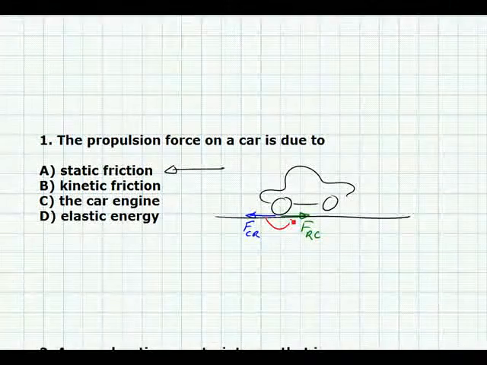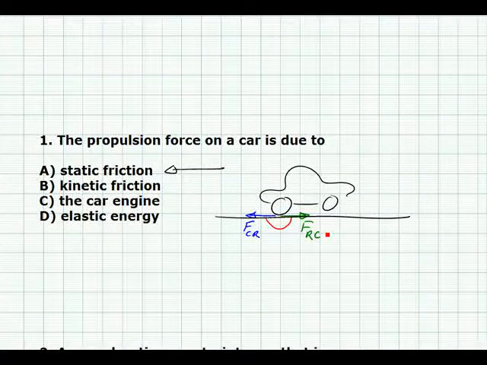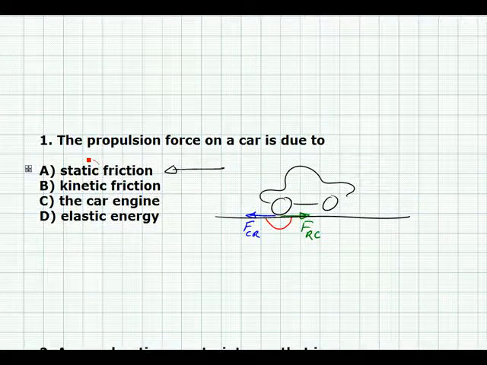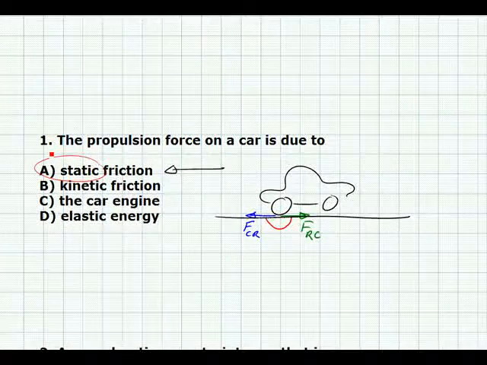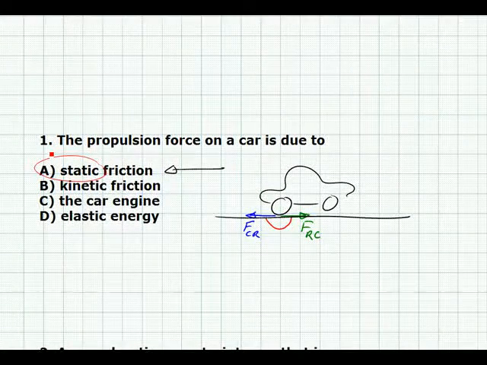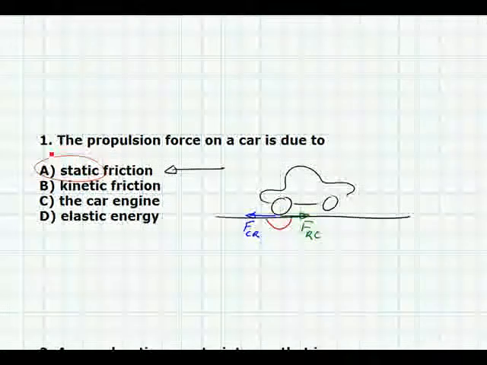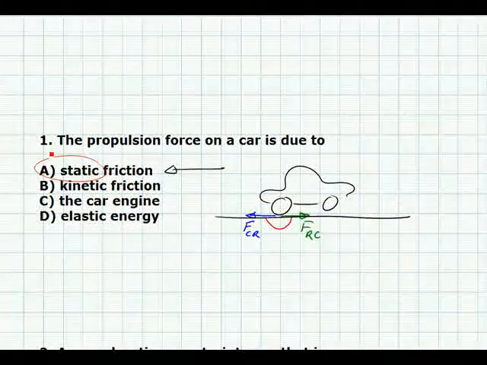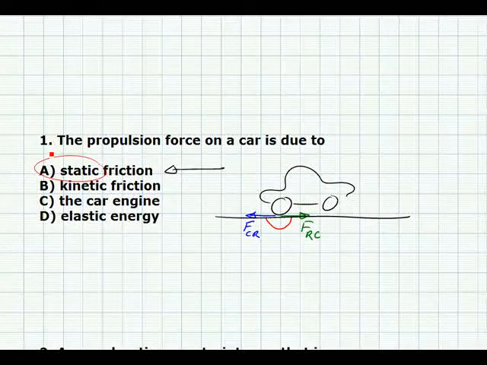These are action-reaction pairs, and the force that the road exerts on the car is due to the static friction, of course. If the road is slippery, if the car is on an icy road, then static friction is zero, and as you know, you won't go too far, no matter how hard you accelerate on an icy road.